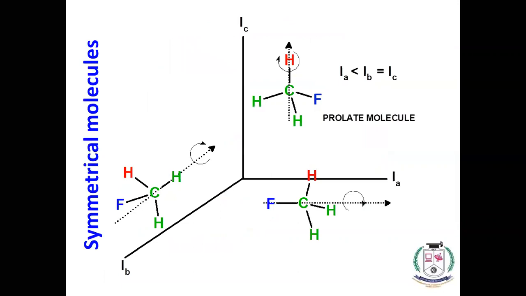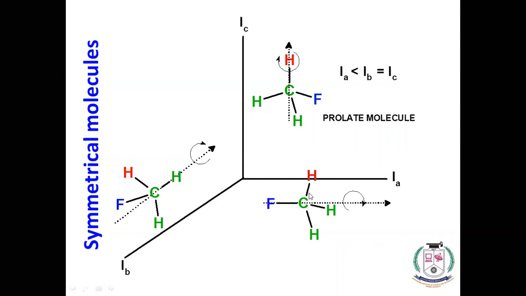You see that methyl fluoride. It is a spherical molecule actually, if you are replacing fluorine with hydrogen. Now we are disturbing it by replacing the hydrogen with fluorine. Now how is it becoming prolate? Let us see this.